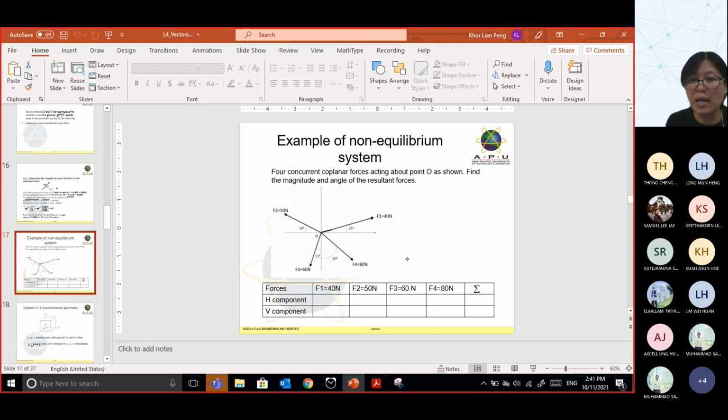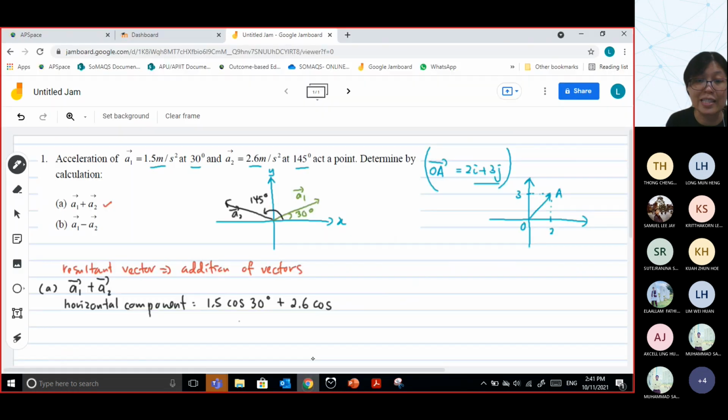We always measure the angle from the positive x-axis. So that means for A2, our angle is 145. So this is your horizontal component. Let's calculate it before we proceed. Maybe you can give me the answer in 2 decimal places.